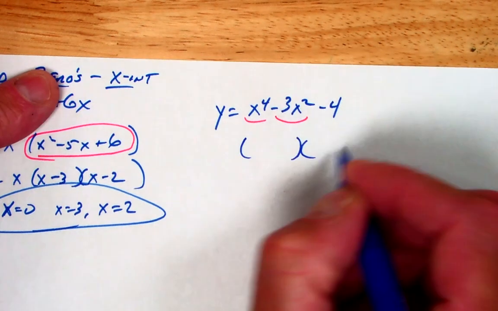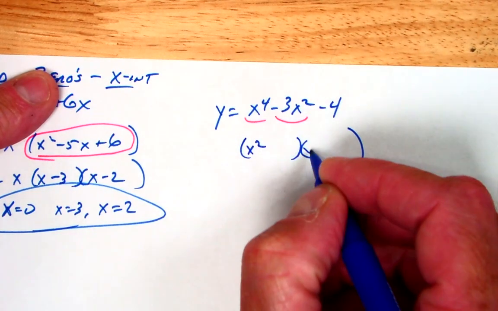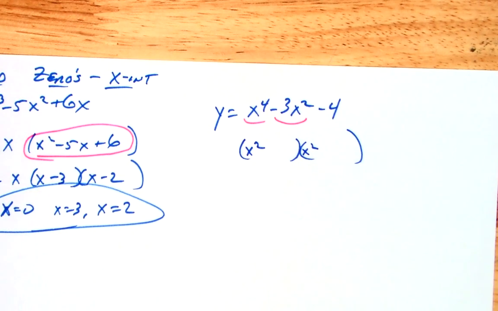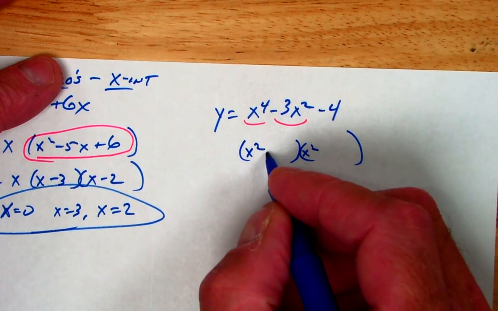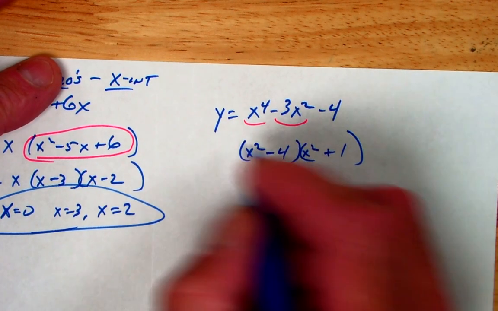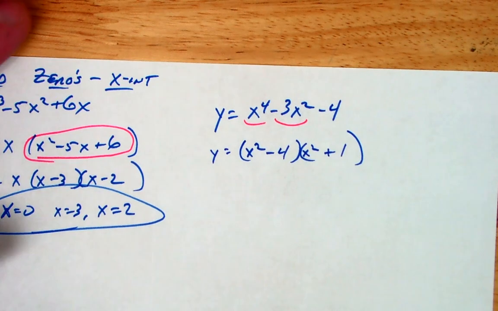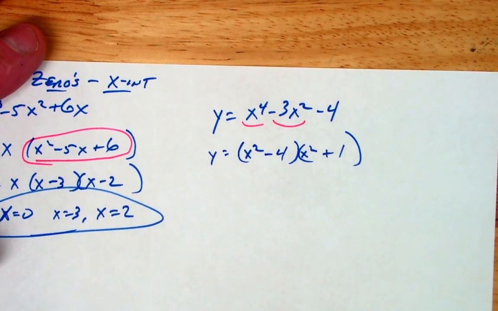So we can factor it. We're just going to put x squareds in the front. So x squared minus 4 times x squared plus 1. Oh, okay, yeah.